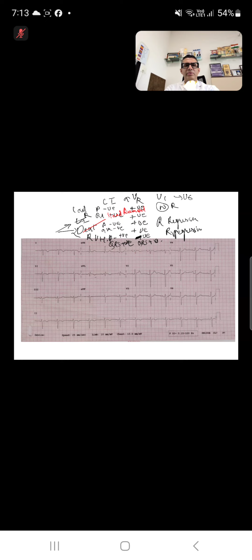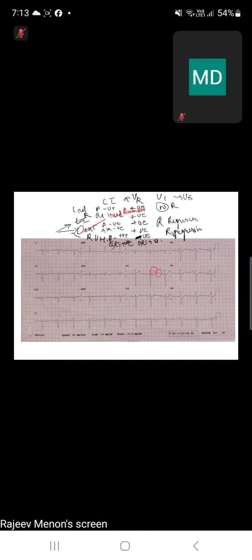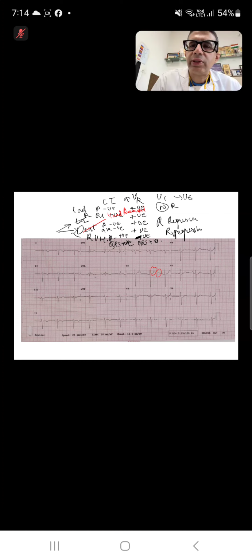In lead 2, you are able to see some T wave inversions and flattening in aVF. And this is the T wave, and after the T wave there is another wave here. What is this wave? U wave, sir. Yeah, U waves. And then there is some slight upsloping ST depressions in the chest leads.